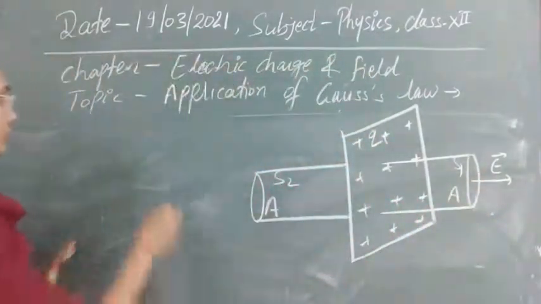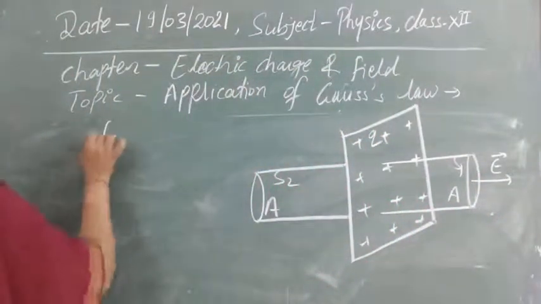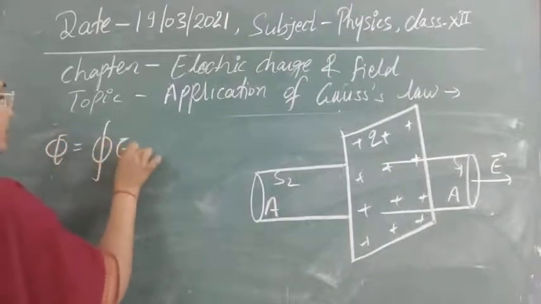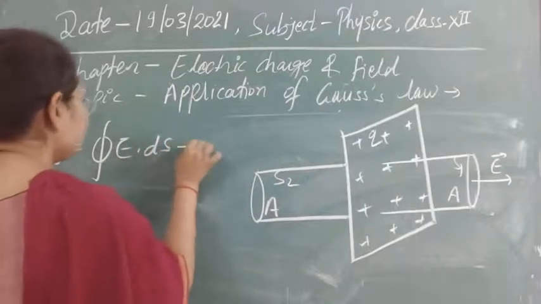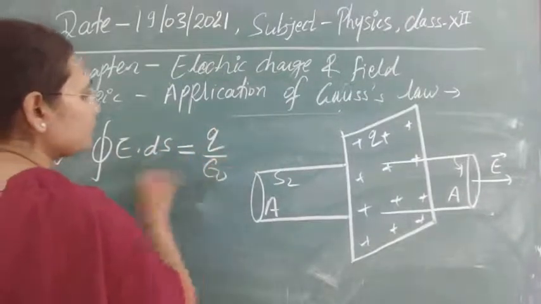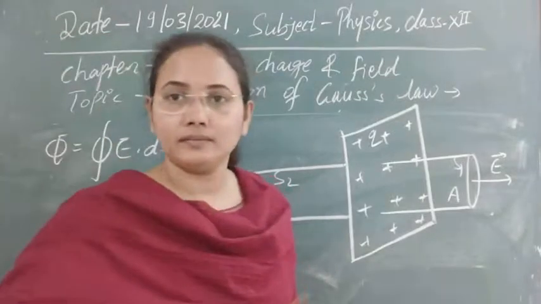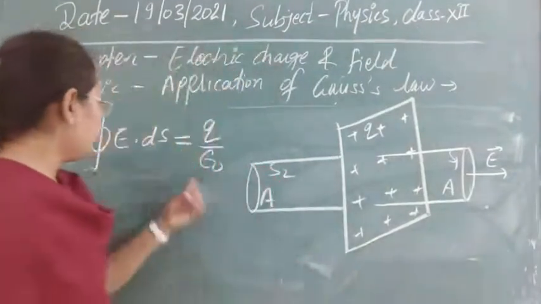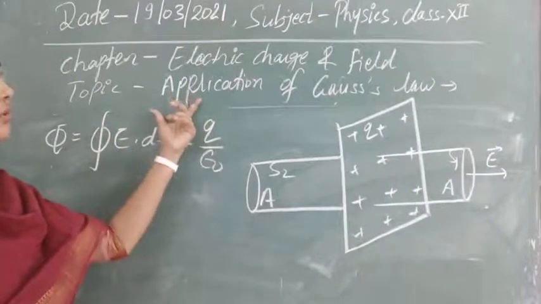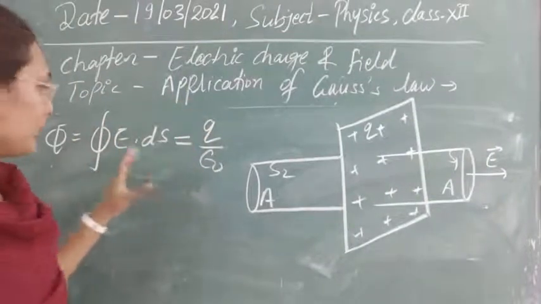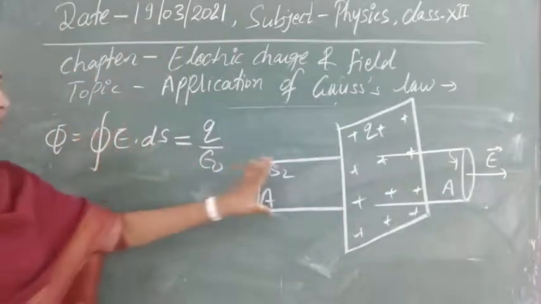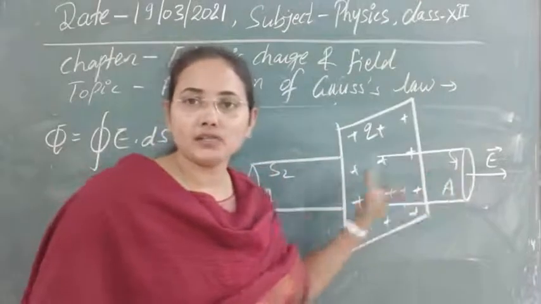Now we can use the Gauss theorem. According to the Gauss theorem, this flux phi is equal to the integral of E dot ds, which is equal to q by epsilon 0. As this flux is equal to q by epsilon 0 by the Gauss law, now we can expand the whole integral over the two parts, S1 and S2.